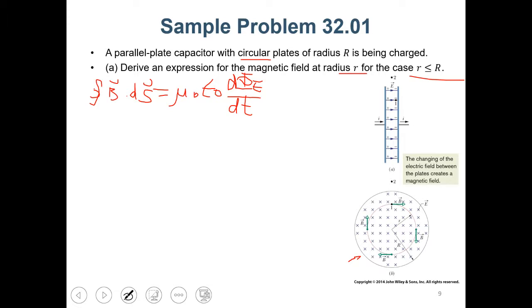So Maxwell's law is like this, and actually we know that the magnetic field is also like a circle.